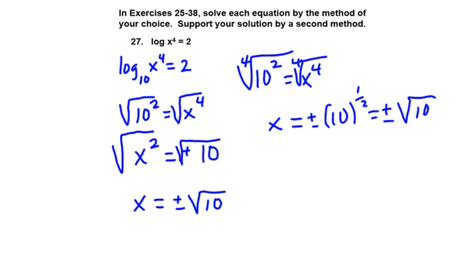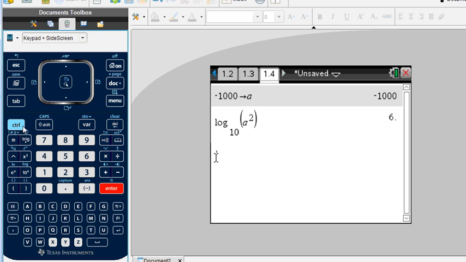And then to test, we'll go to our calculator again and this time test the positive value. So we'll put square root of 10, and that's going to be storage, Control Vars, A.